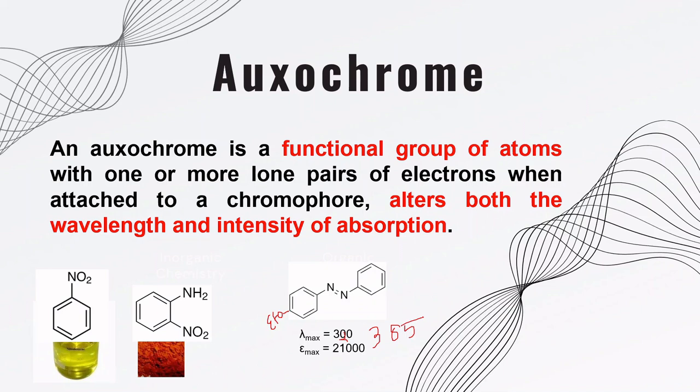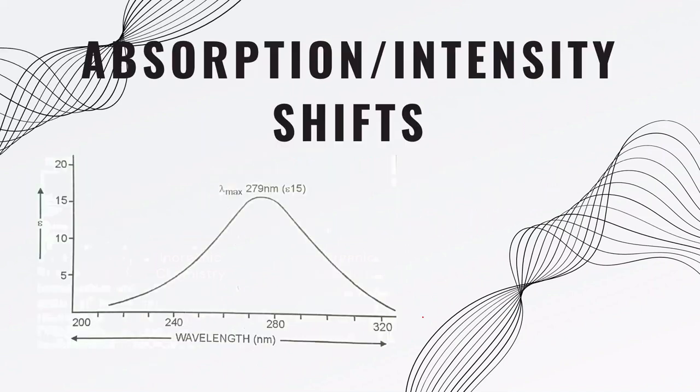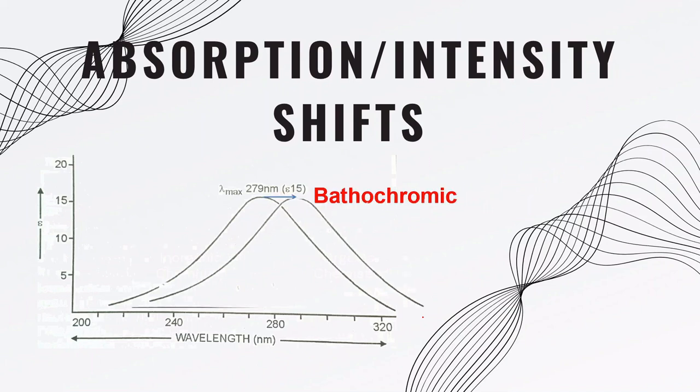We also have some other terminology to mention about the absorption bands. If the absorption band is shifted to the right side, that means the higher wavelength side, then it is called bathochromic shift, also called red shift. If the absorption band is shifted to the left side, it is called hypsochromic shift.